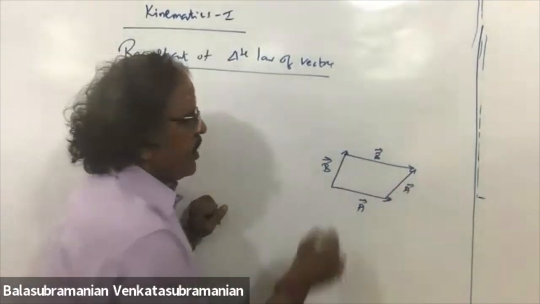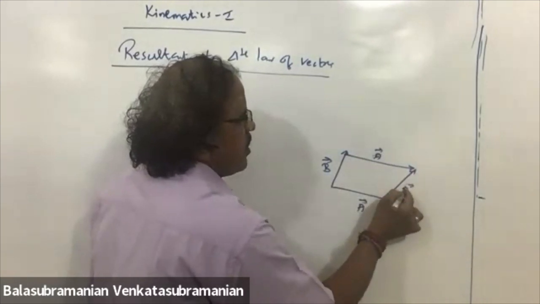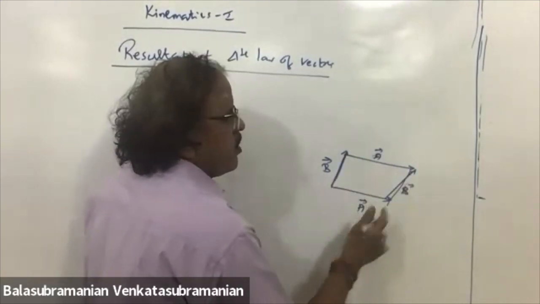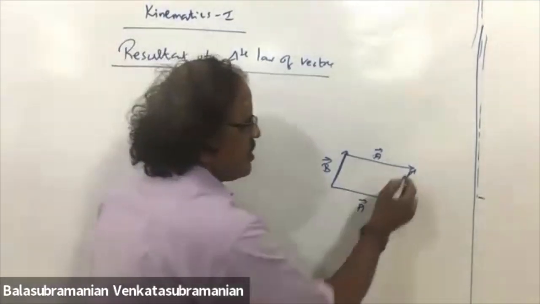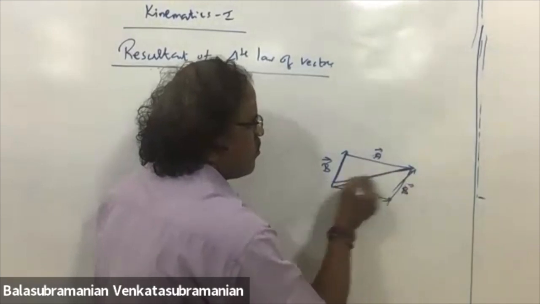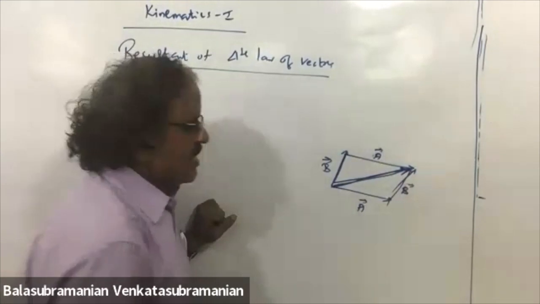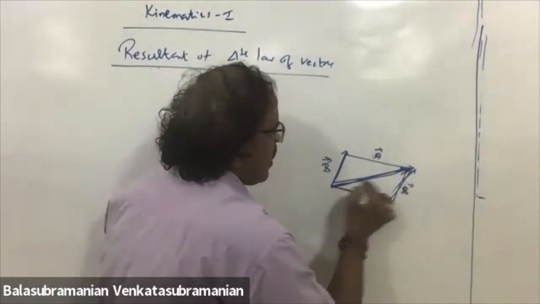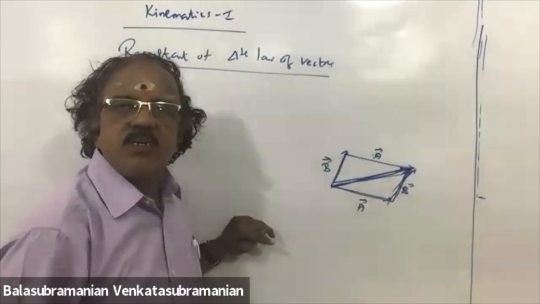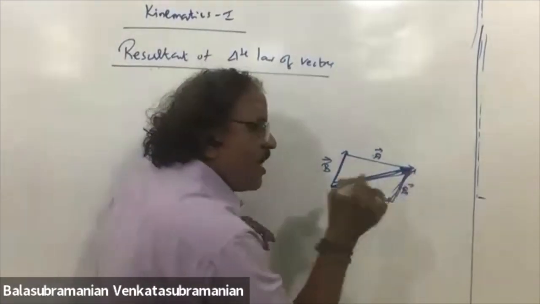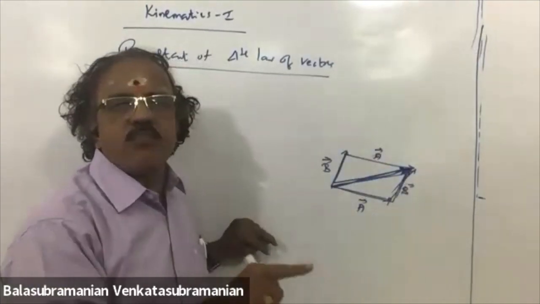This is A and B, parallel to A, this is parallel to B. This is a parallelogram. Opposite sides are equal and parallel. This is the resultant. This we can call a triangle, so two triangles combined make a parallelogram. So the resultant of a triangle, or the diagonal of a parallelogram, you can say.